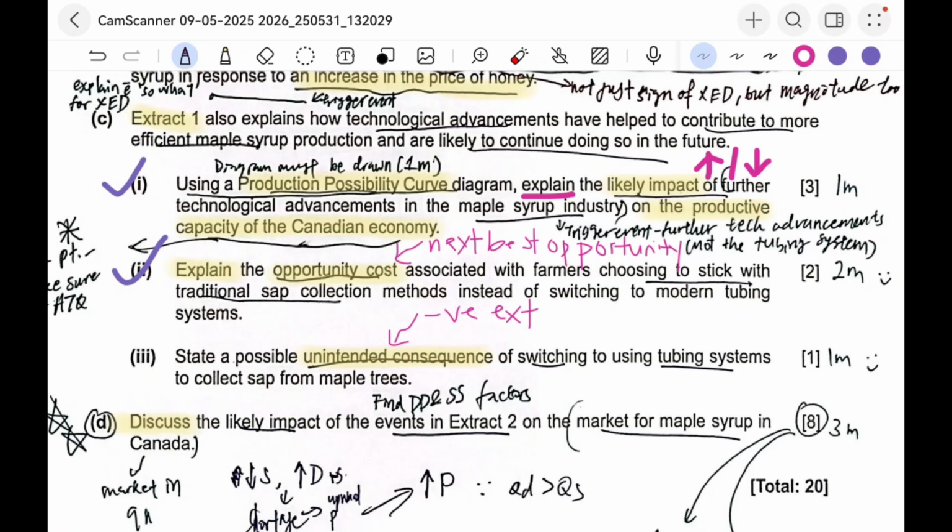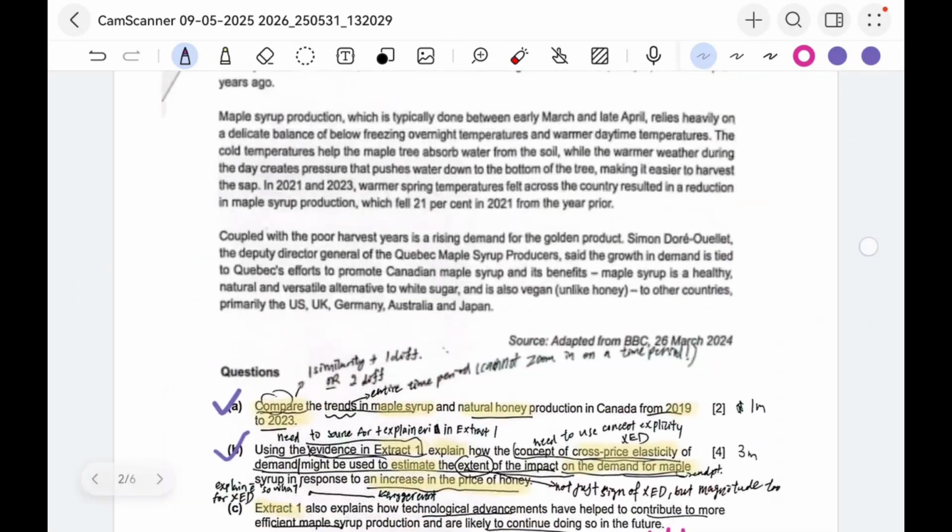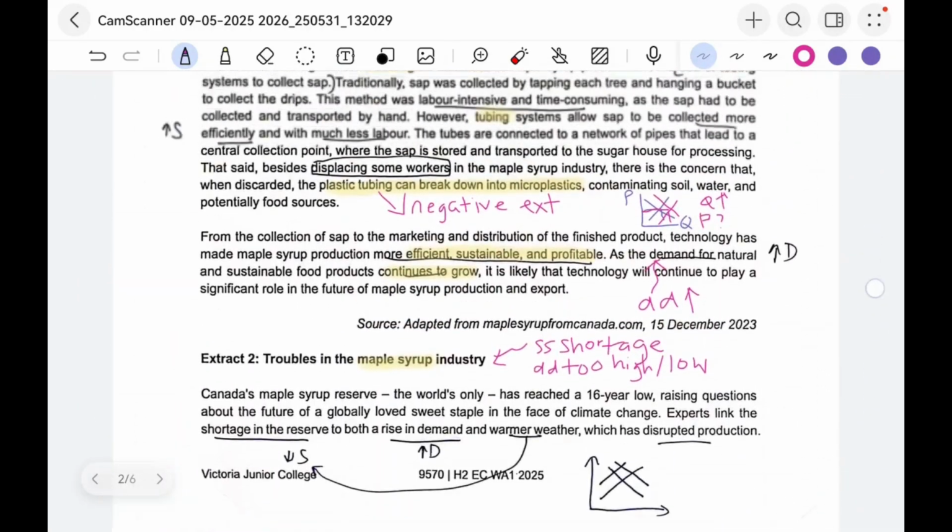And I think there is something else that we didn't highlight specifically, which is laying off workers. You can choose either one, but I would prefer to use the tubing one because the unintended consequence seems more substantial. So let's go back to extract 1 to see in detail what that is.